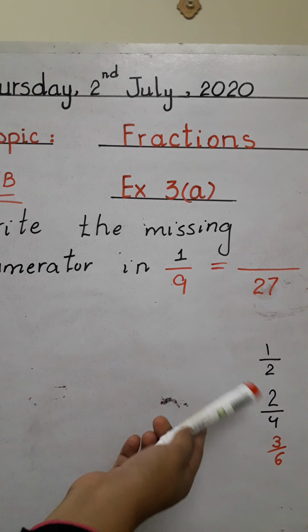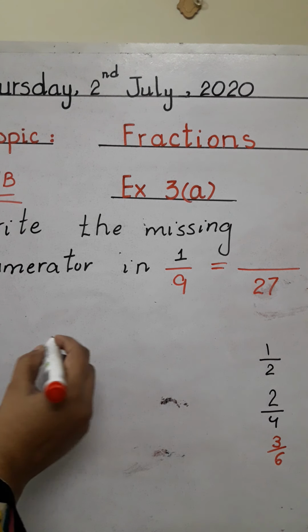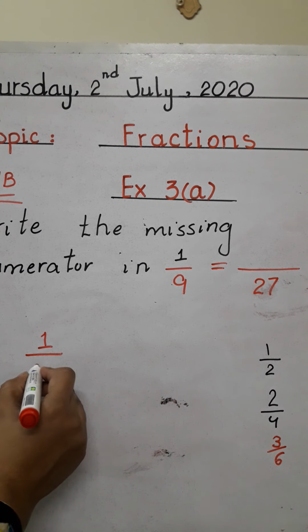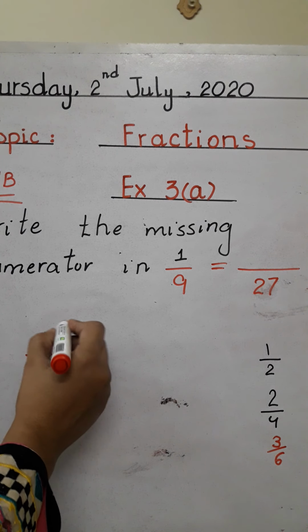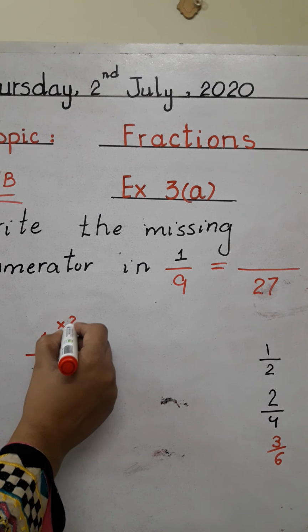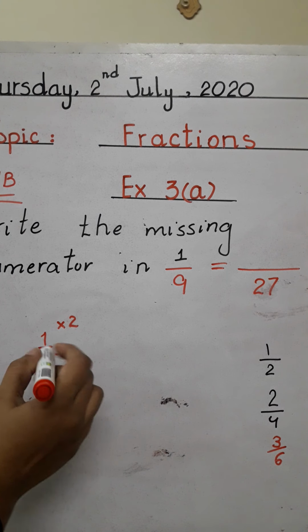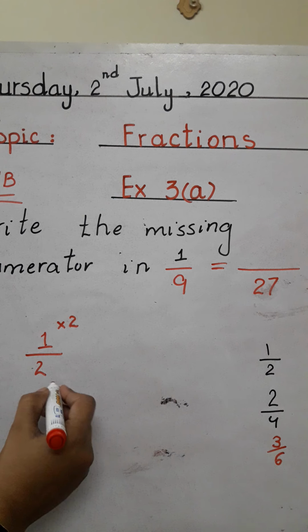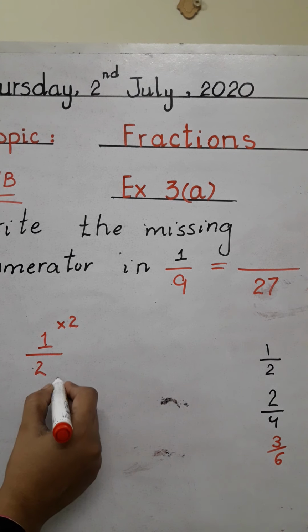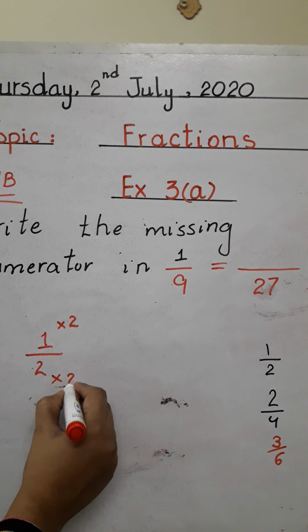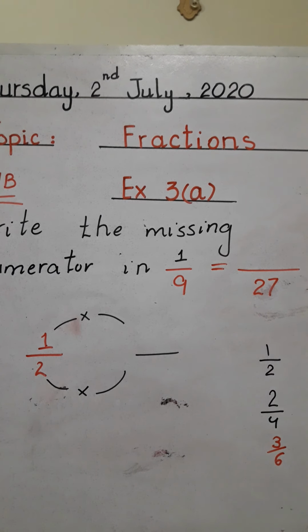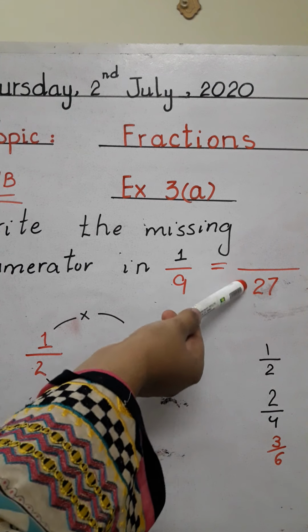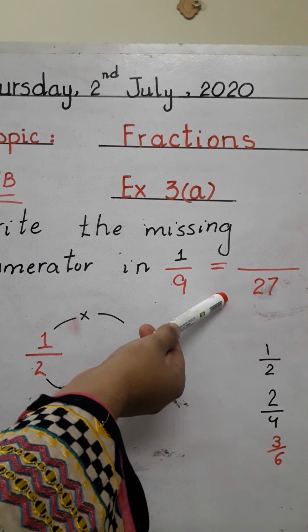For example, if I write 1 by 2 and I multiply it with the factor of 2, so if I multiply the numerator by 2, I will also multiply the denominator with 2. Actually, this is not a simple fraction, this is an equivalent fraction.